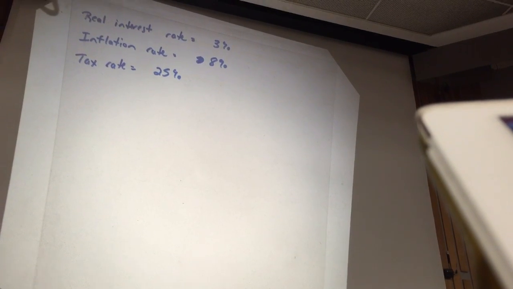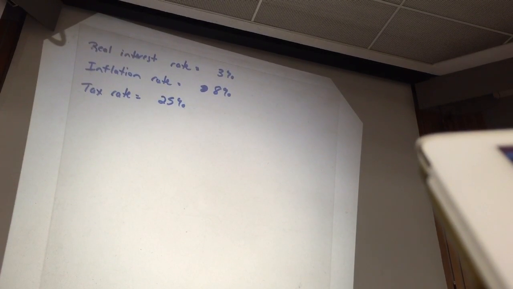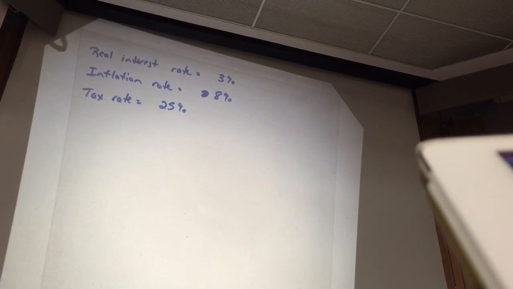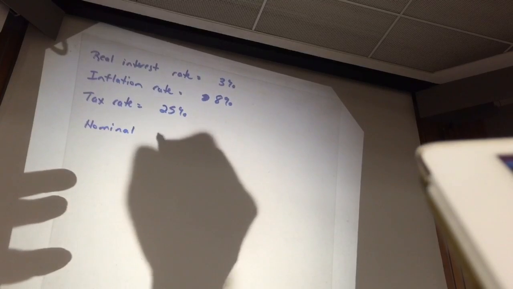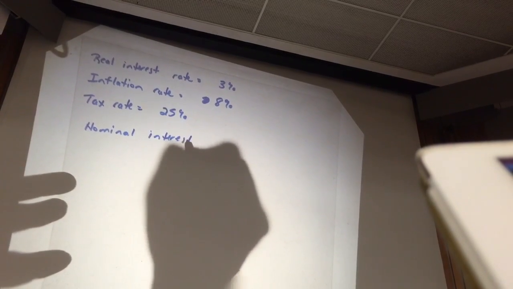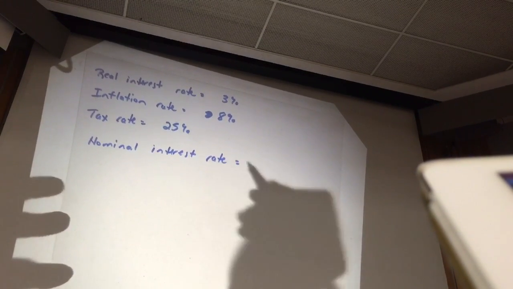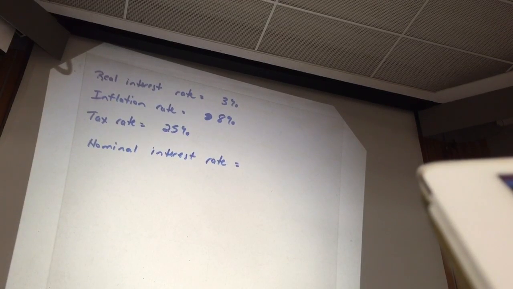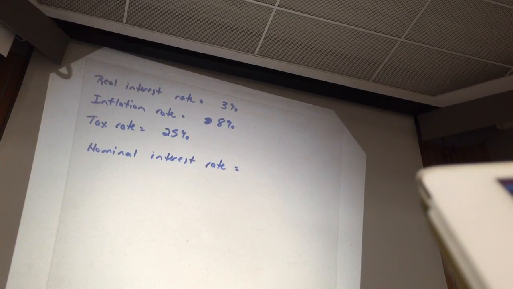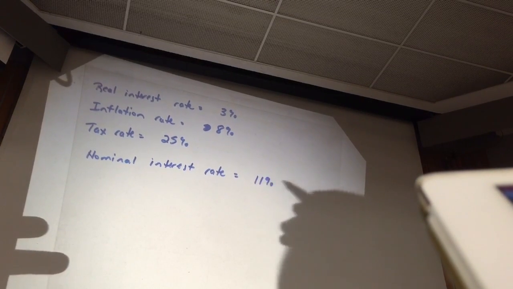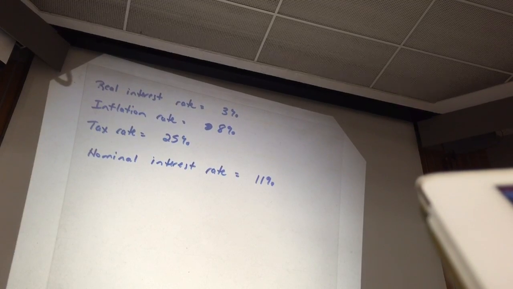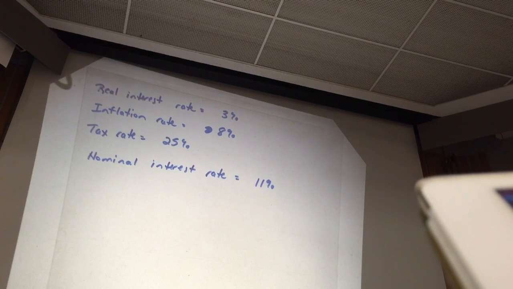So I want you to do this now. First of all, I want you to calculate the nominal interest rate. And what's the nominal interest rate? Somebody tell me. Who just talked? Yes? Yep. The nominal interest rate is 11%. Why? Because it's the sum of the real interest rate and the inflation rate.